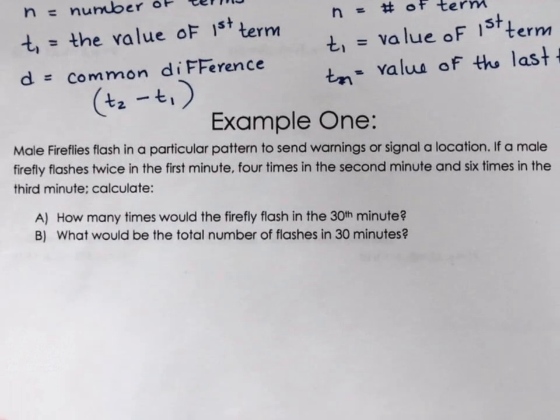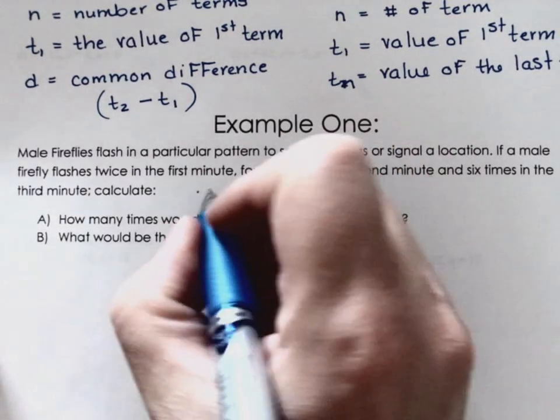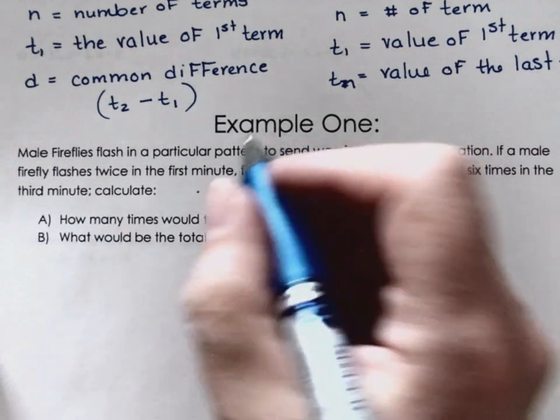Okay, so male fireflies flash in a particular pattern to send warning signals or a location. If a male firefly flashes twice in the first minute, 4 times in the second minute, 6 times in the third minute, so what's T1? 2.